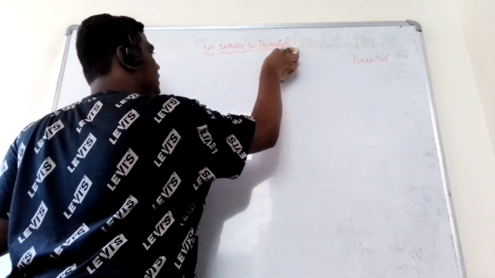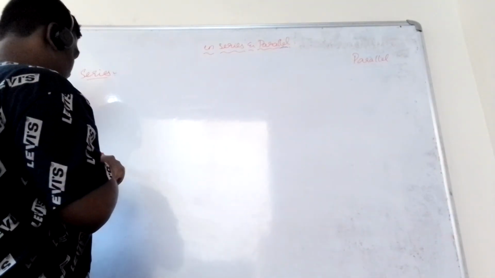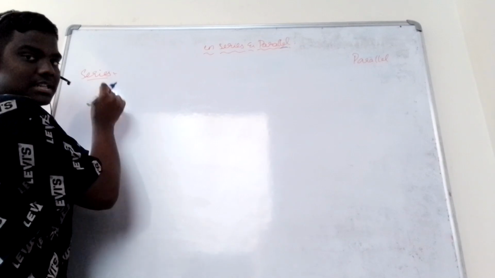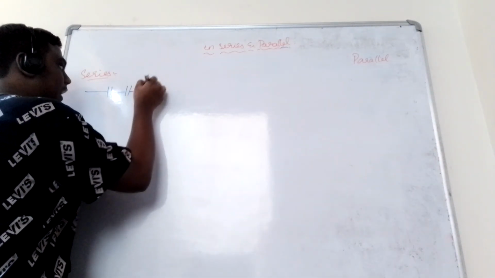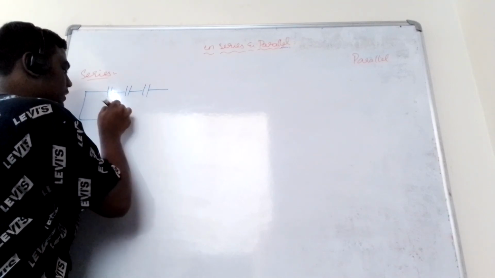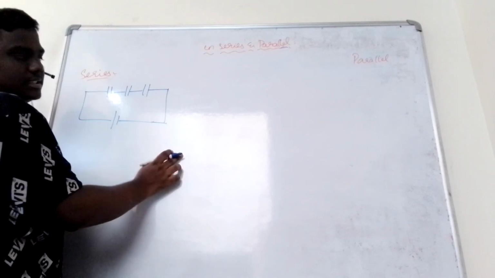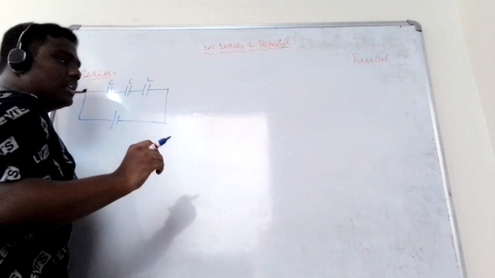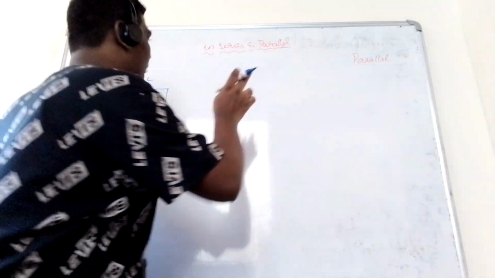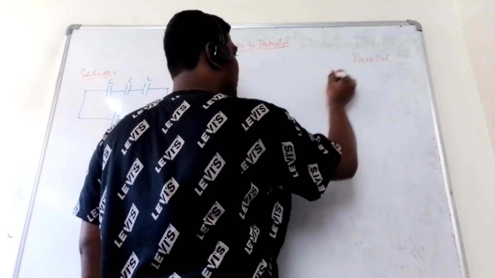Now two circuit diagrams. First, capacitance in series. Series means nothing but they are in line. This is capacitance in series, with capacitance values C, C, C. Then coming to parallel, which means they are parallel to each other, like this.